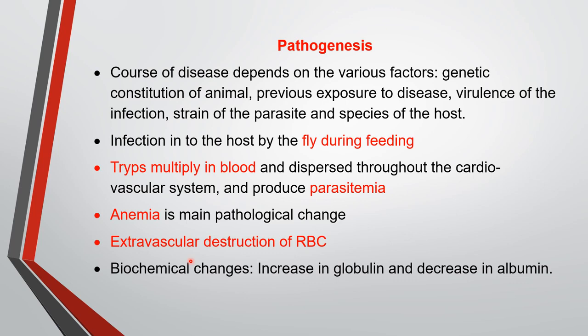They are phagocytosed in spleen, liver and lymph node. So here jaundice is not the major symptom. The biochemical changes observed are increase in globulin and decrease in albumin. That is also the characteristic finding.